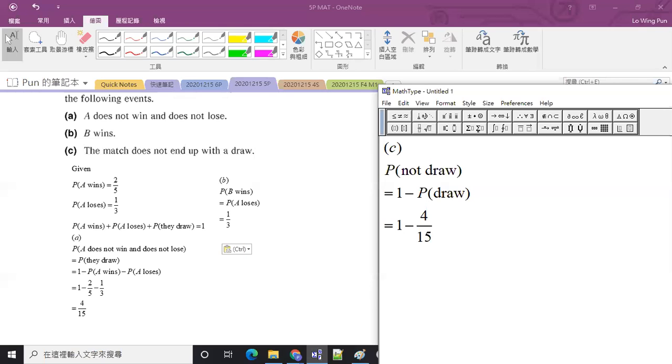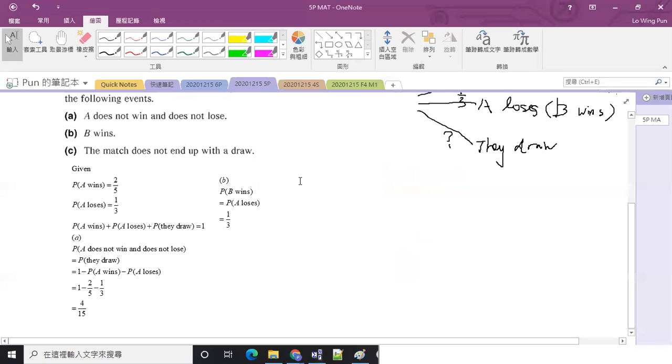That is the probability we found in part A. So that should be equal to 11 over 15, which is A wins and B loses, or A loses and B wins. So that is the answer of part C. Is that okay?